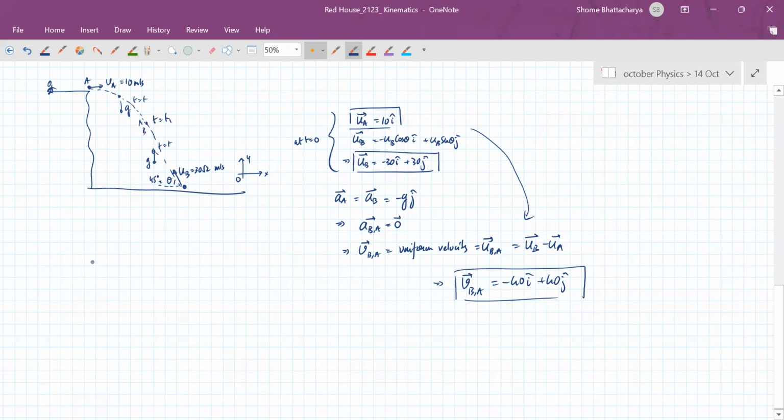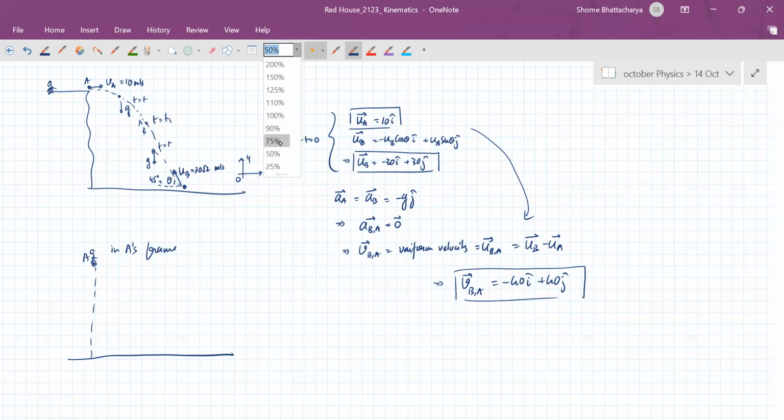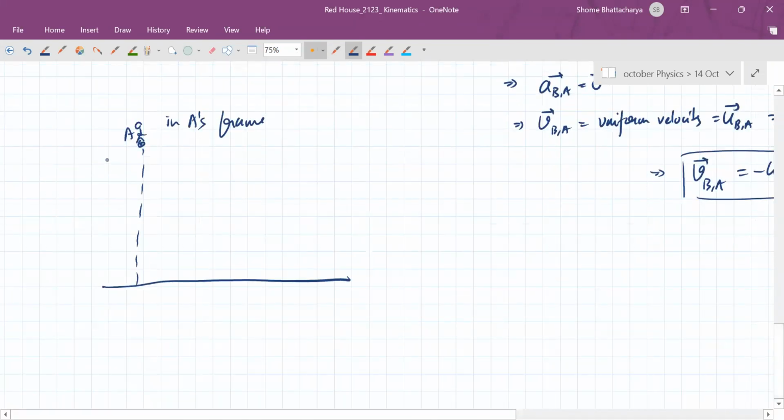But if we look at the motion of B with respect to A, in A's frame, let me draw this a little better. In A's frame, this is the situation at t equal to 0.